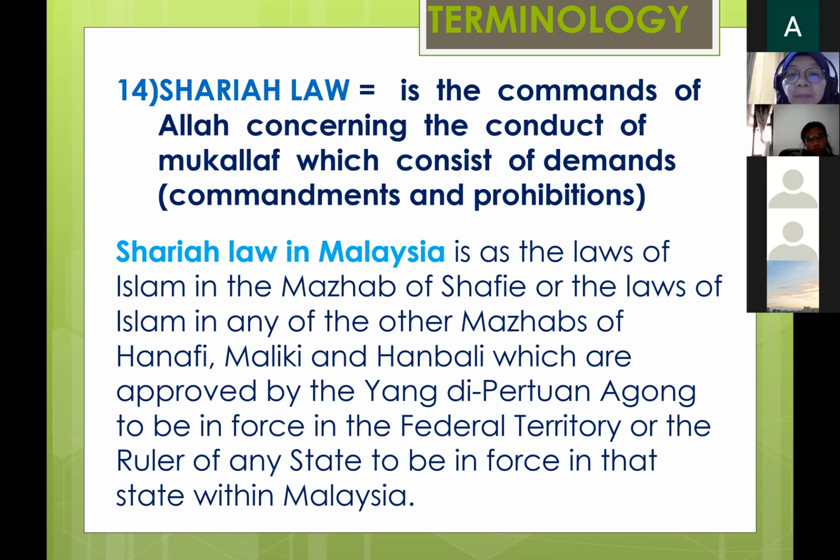So these people, these mukallaf, they have to follow the command of Allah. So Sharia law is the command of Allah concerning the conduct of a mukallaf, meaning what we do, what we practice, our action based on Sharia law, which consists of demand, the lawful commandment, and prohibition. So this is Sharia law.